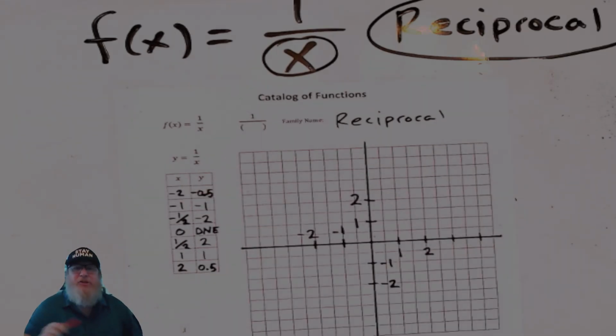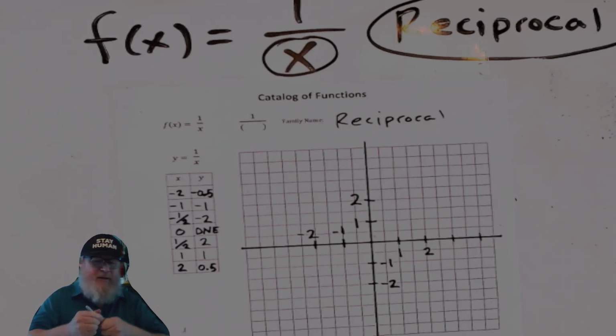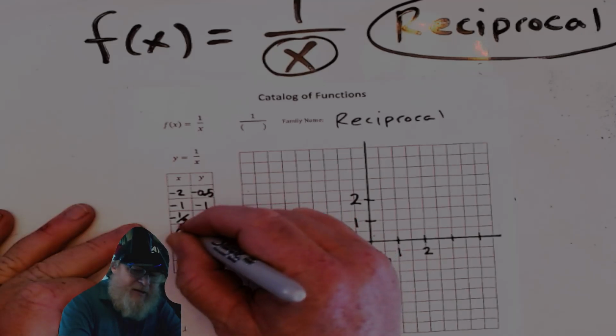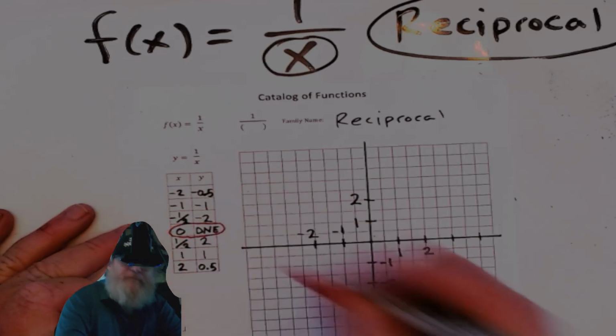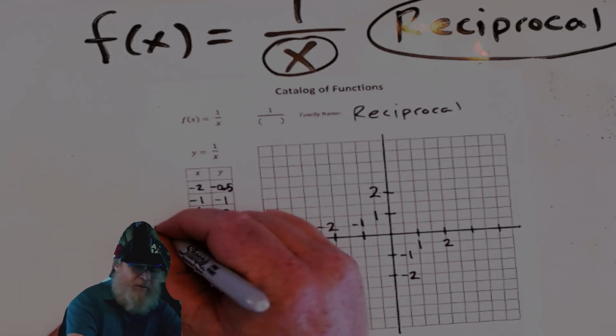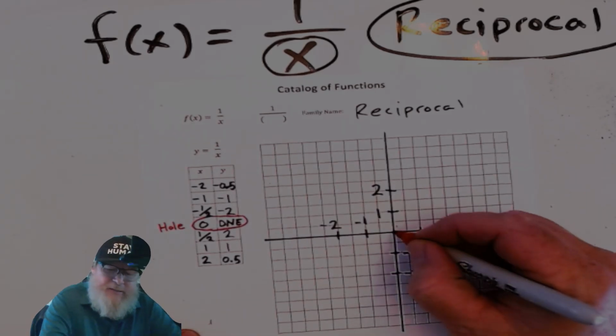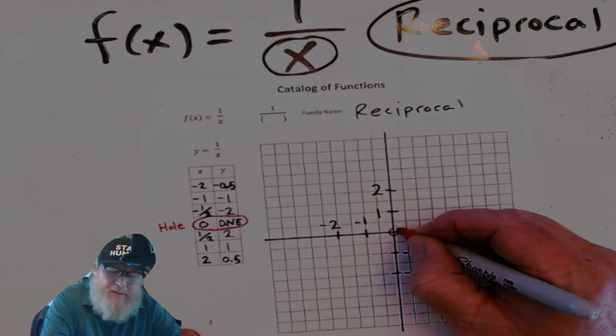I got a red Sharpie just for this example here. So this center here is a hole, because it does not exist. So there's a hole at (0, 0).